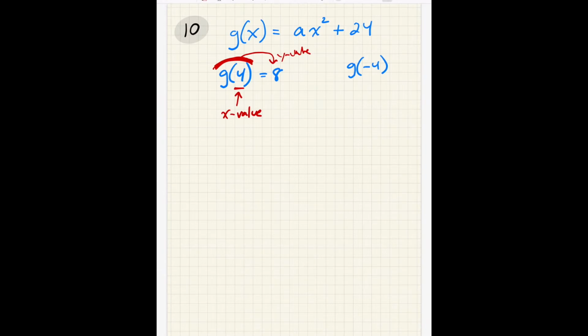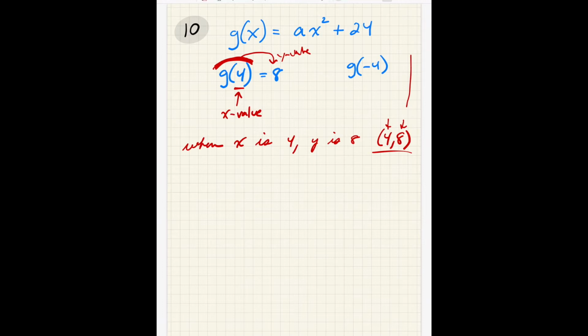This is their fancy way of saying when x is 4, y is 8. In other words, (4, 8) is a point on this graph. That's a long-winded way of saying, take these values and plug them in, guys. There's your y, there's your x.